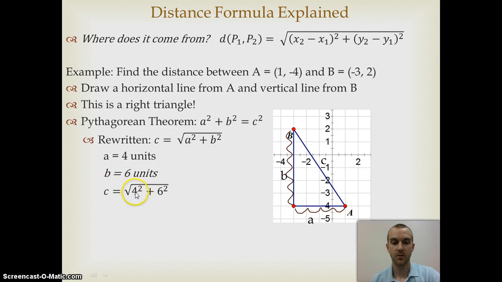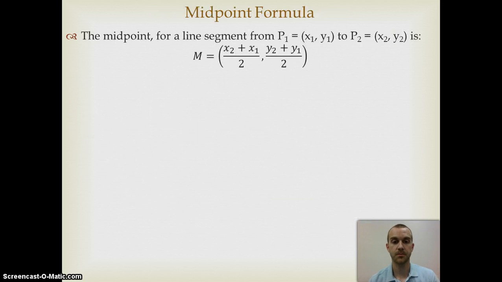Well, 4 squared plus 6 squared gives me the square root of 52, which is 2 times the square root of 13. So the reason we're subtracting the x's is that we're finding out how far apart horizontally the 2 points are and how far apart vertically the 2 points are. So we are really using the Pythagorean theorem specifically with the ordered pairs that we have.